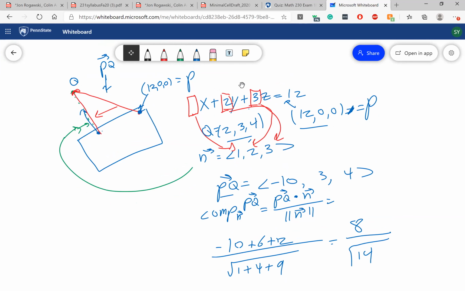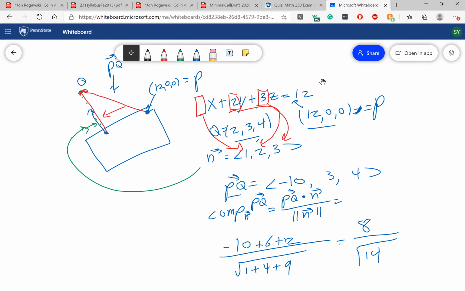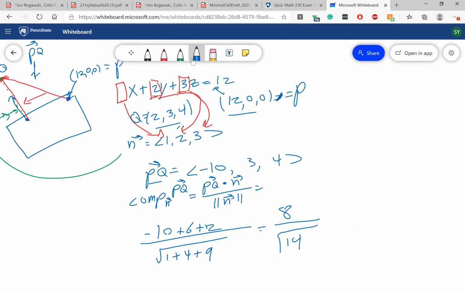Yeah, it's just an easy point that I know exists within the equation of the plane. Because again, the plane had the equation x plus 2y plus 3z is equal to 12. So you make these 0, and then x is just going to be 12. Yeah. Any other questions? Okay.